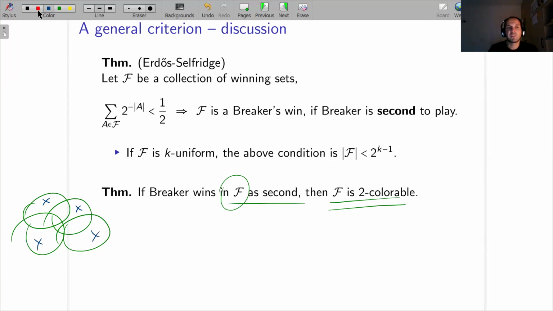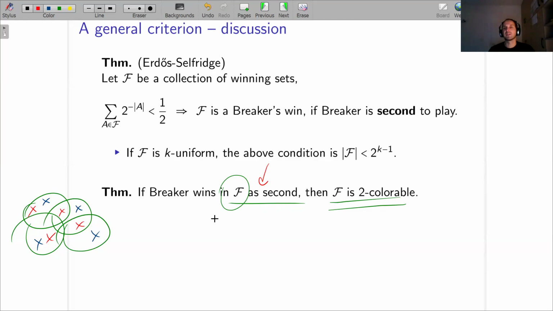And if maker is first, because being first is just an additional strength of the player, breaker can play the same strategy and also put one element in each of the winning sets. So essentially, if breaker as second can win, he can win as first as well.